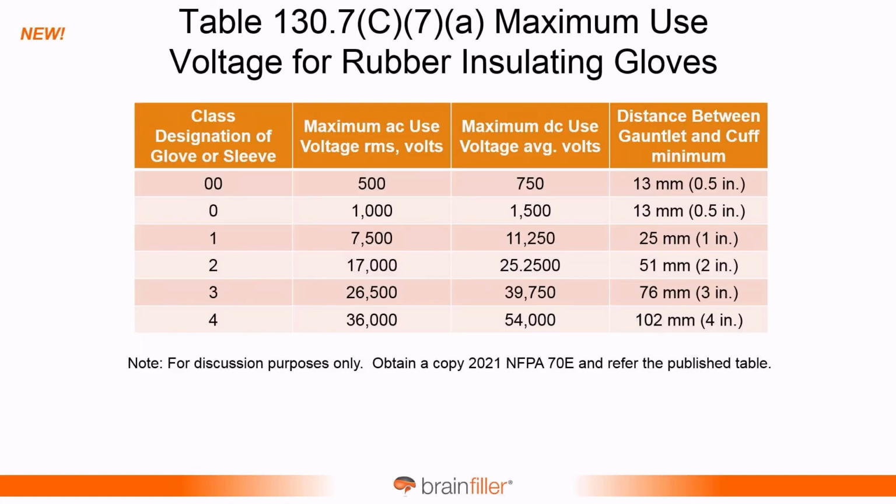And what that table looks like, and notice my note down at the bottom, this is just for discussion. You actually need to use the actual table from NFPA 70E when that comes out. But this shows the different classes of gloves and then the voltage ratings. And on the right, the distance between the gauntlet and the cuff, the minimum distance.